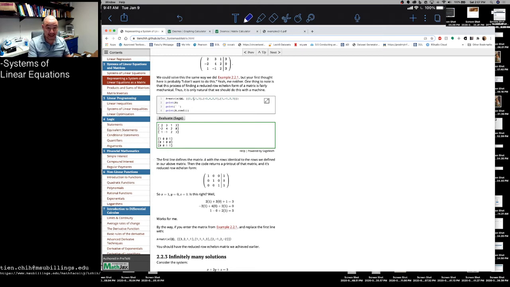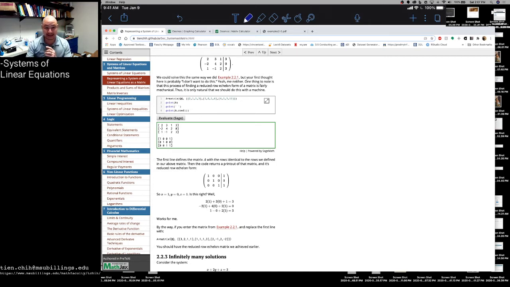I'm going to go ahead and enter in the new information that we have. So we have 2, 1, 1, 3, 1, 0, 1, 4, and the last row is 4, 1, 3, 11.